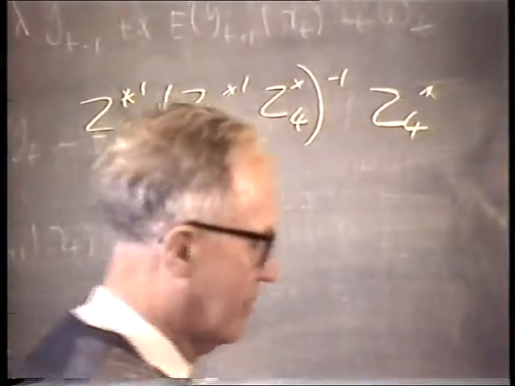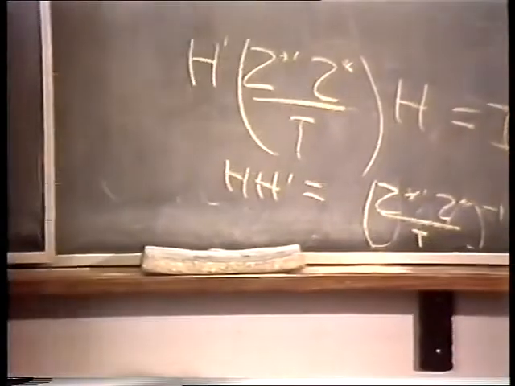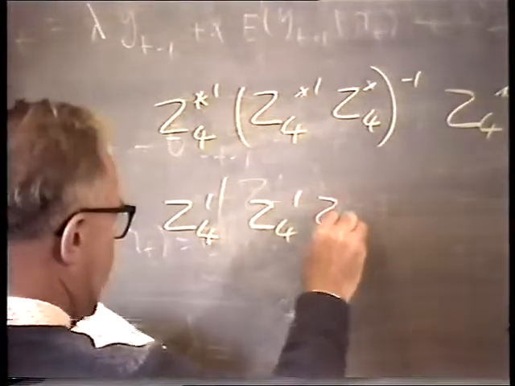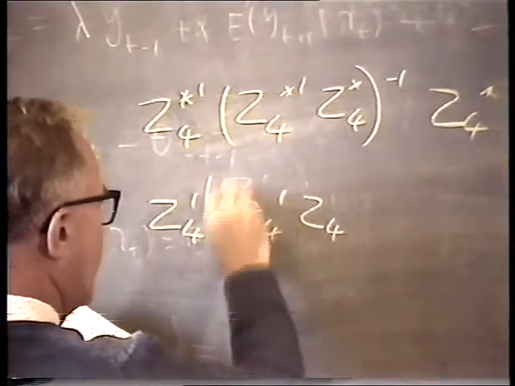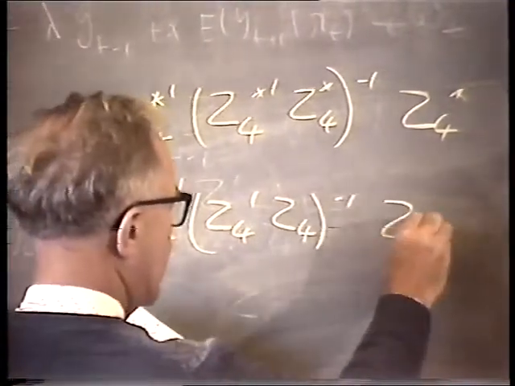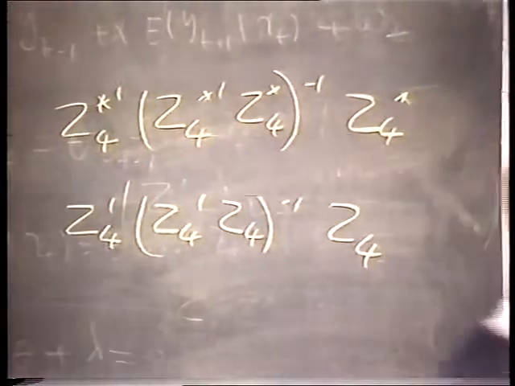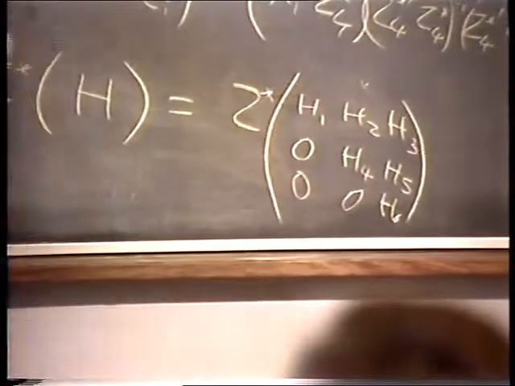What we're going to have is that if you consider what I'll call Z4 prime Z4, Z4 prime Z4 minus 1 Z4, this is going to be obtained by transforming my Z4 star by the, yes, I ought to have written this up separately.